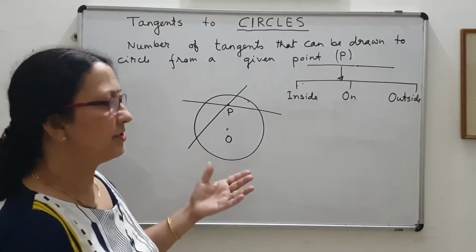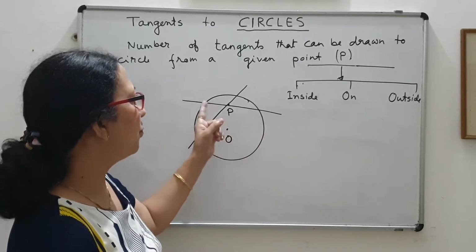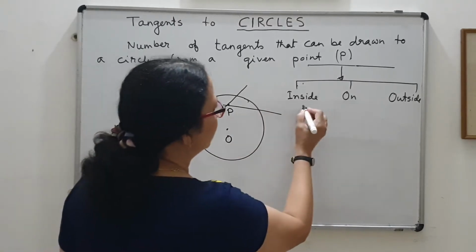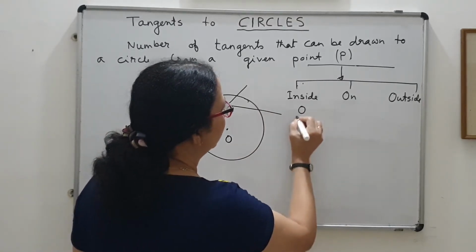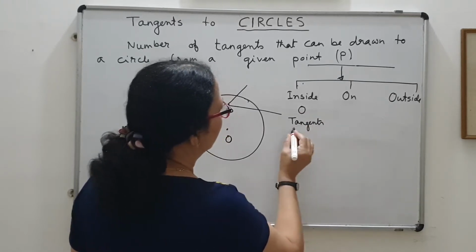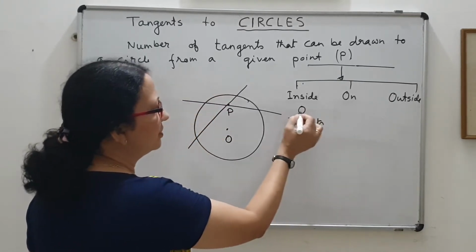They are not tangents because they will be intersecting the circle at 2 points. So in this case, when the point is inside, no tangents can be drawn. The number of tangents that can be drawn is 0.